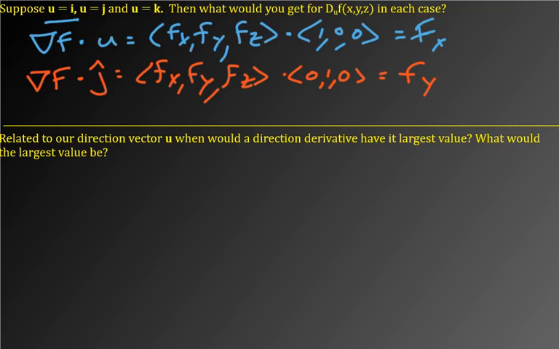So another really important concept question is the one down here. Related to our direction vector u, when would a directional derivative have its largest value, and what would that largest value be?